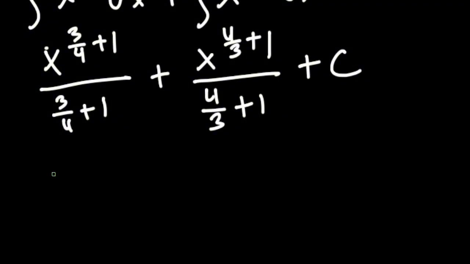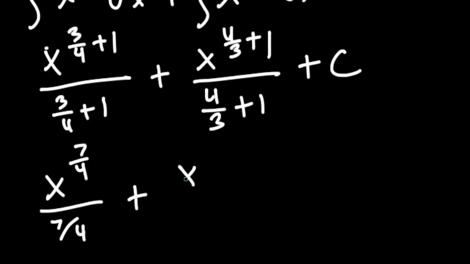We just need to add: x raised to 7 fourths over 7 fourths plus x raised to 7 thirds over 7 thirds plus c.